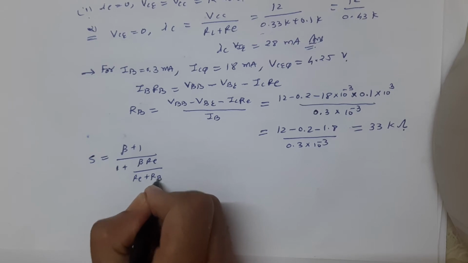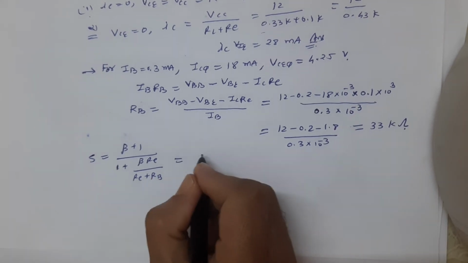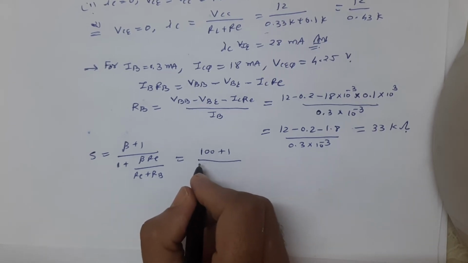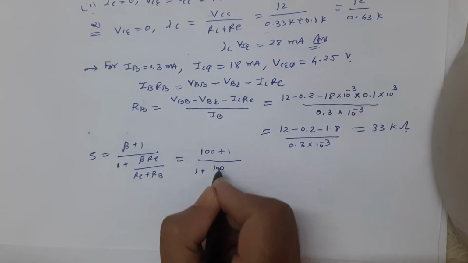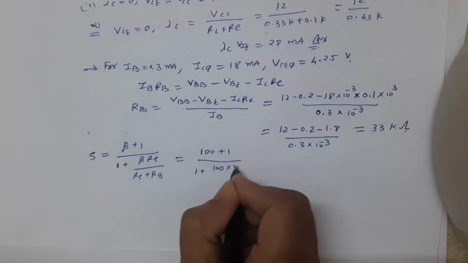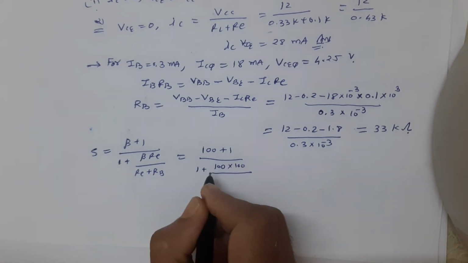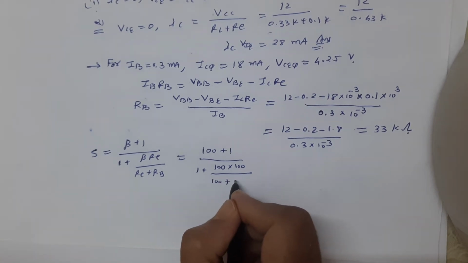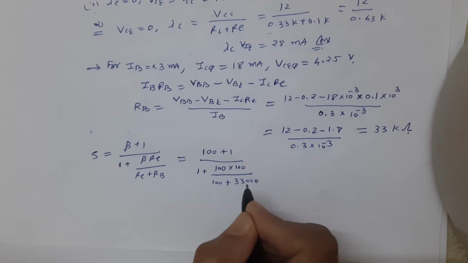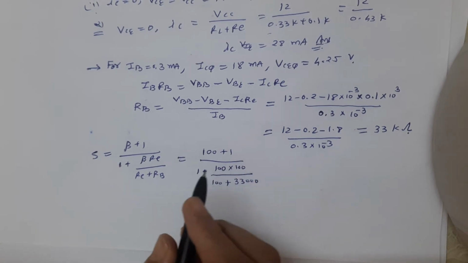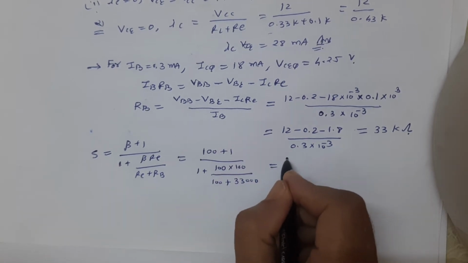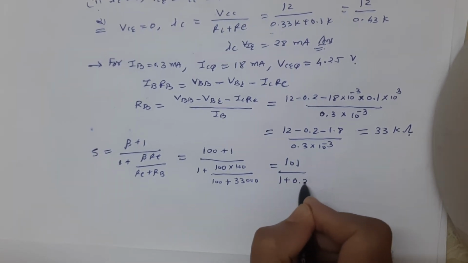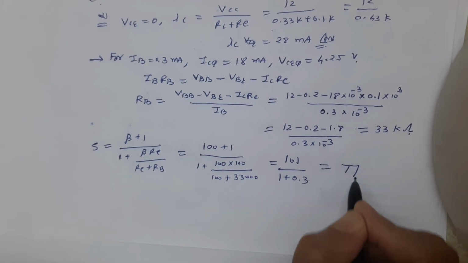This is equal to (100 plus 1) divided by (1 plus 100 into 100 divided by (100 plus 33,000)), and this is equal to 101 upon (1 plus 0.3), and this is equal to 77.